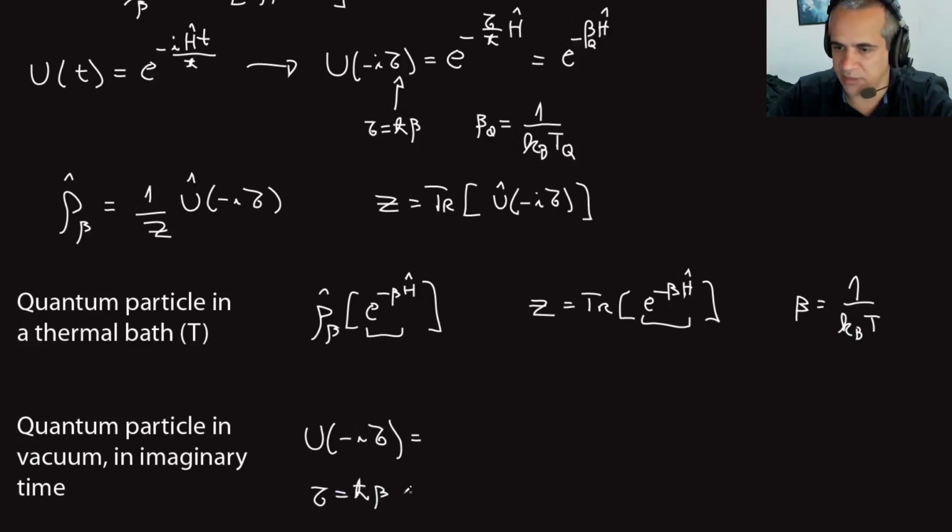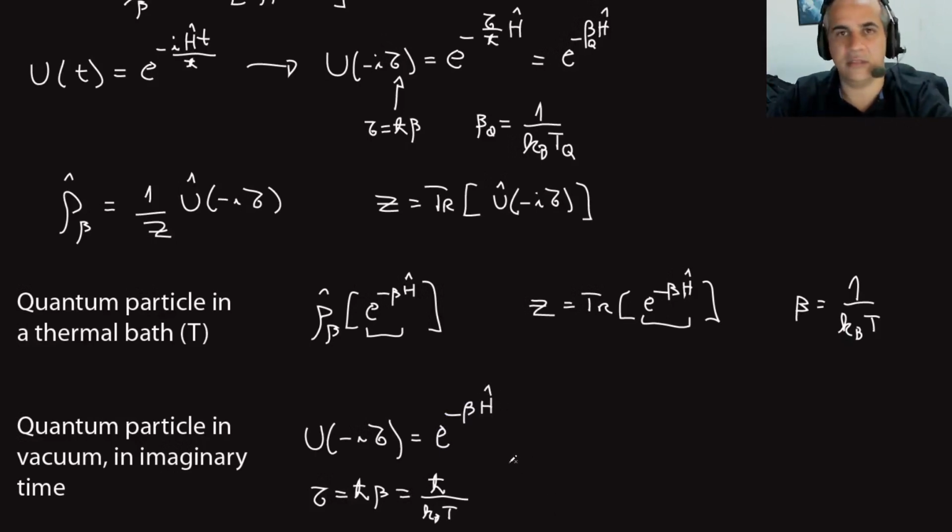So this is h bar beta, which is h bar over Boltzmann constant times temperature. And so essentially I choose the length I'm evolving through in the time evolution operator, and then I get exactly the same exponential. So both systems are controlled by the same function here, this evolution in imaginary time. Systems that could be very different.